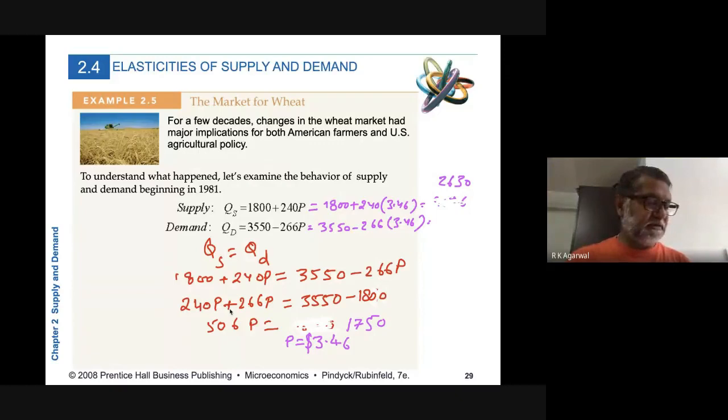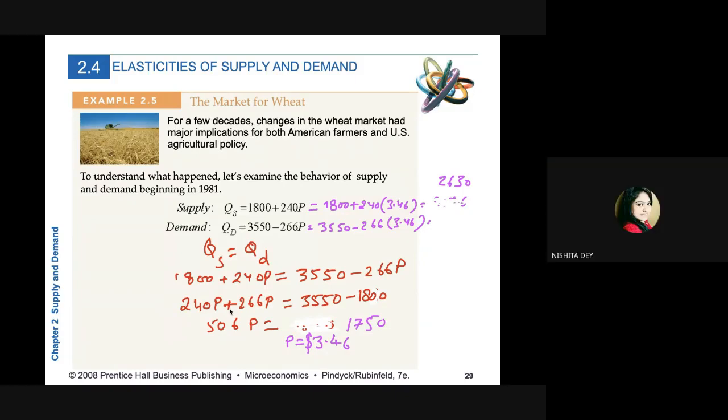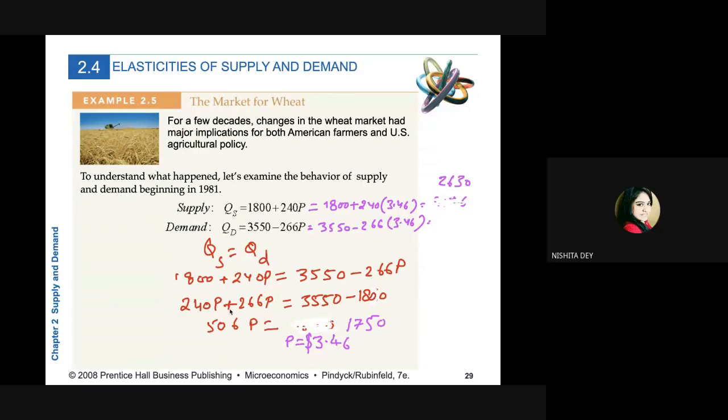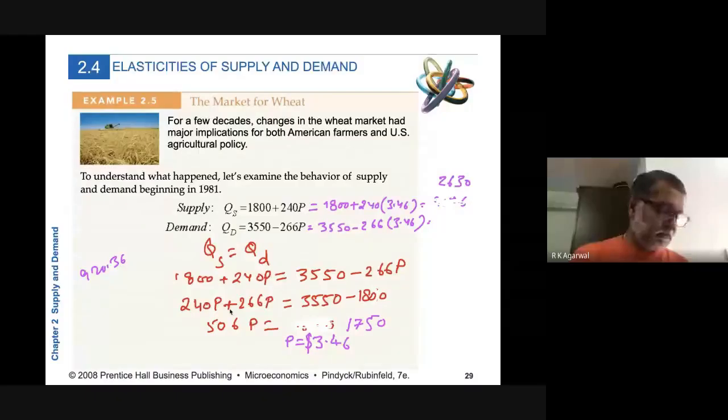3550 minus 266 into 3.46, that is 920.36. 3550 minus 920 is 2630.